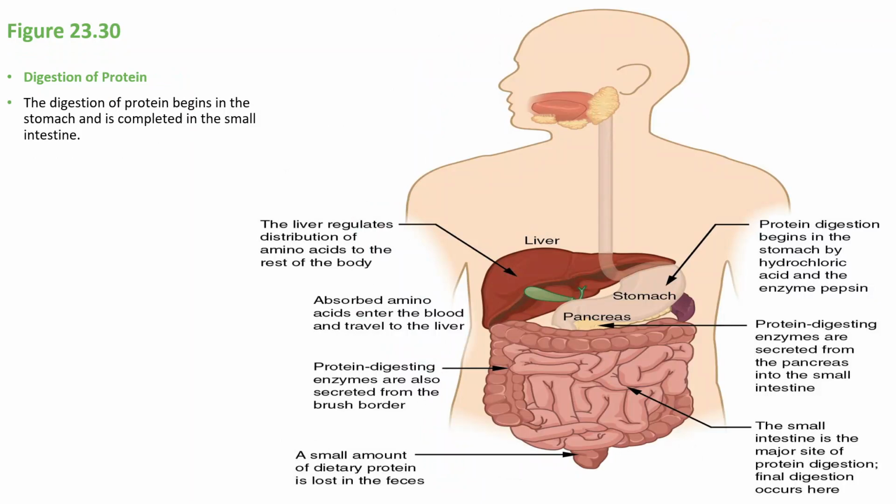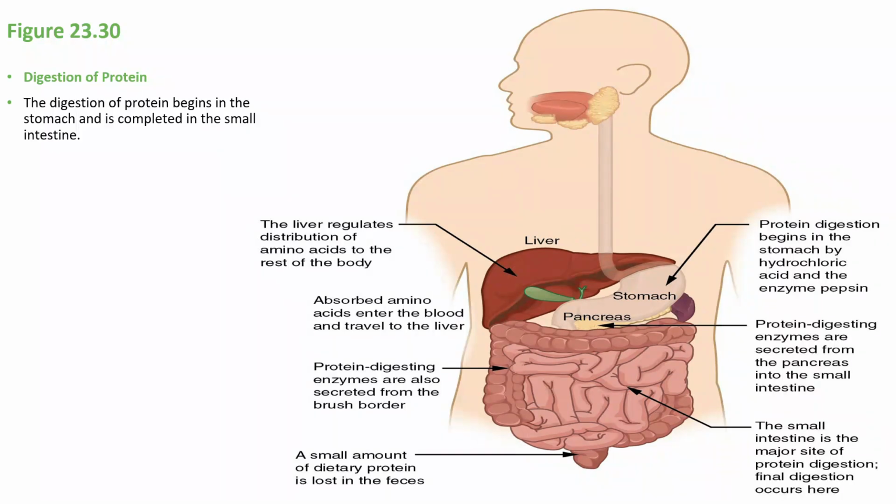Let's take a look first at the digestion of protein, and this was highlighted in figure 23.30. The digestion of protein begins in the stomach and is completed in the small intestine. Of particular note, hydrochloric acid and the activated version of pepsinogen, known as pepsin, both play a role in the digestion of proteins in the stomach.